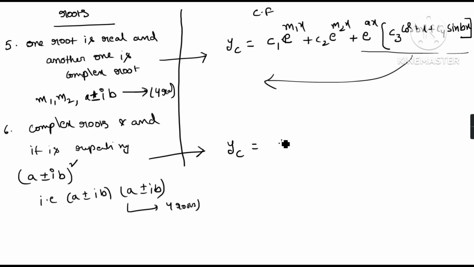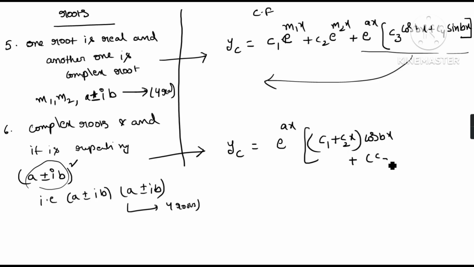Yc equals e power ax. Here a plus or minus ib is repeating 2 times, so e power ax into ((c1 plus c2x) cos bx plus (c3 plus c4x) sin bx).